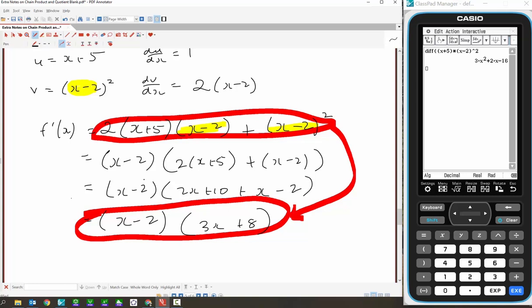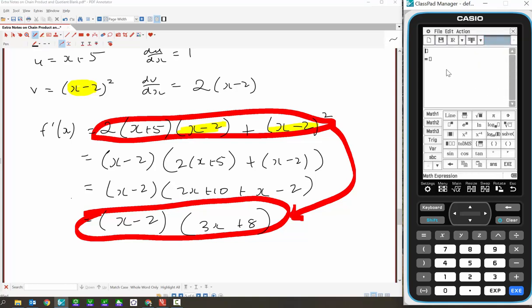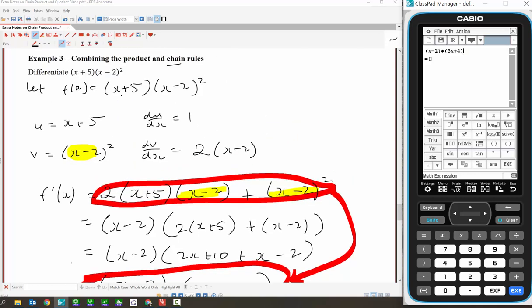So I want you to know that it could take this form, or the answer could take this form, or we can see here the calculator will give you this answer here. Now, a good way to check whether your derivative is fine is to use the f of x feature on your calculator. So pretend that the back of the book has x take 2, 3x plus 8 as the answer to the derivative of this.